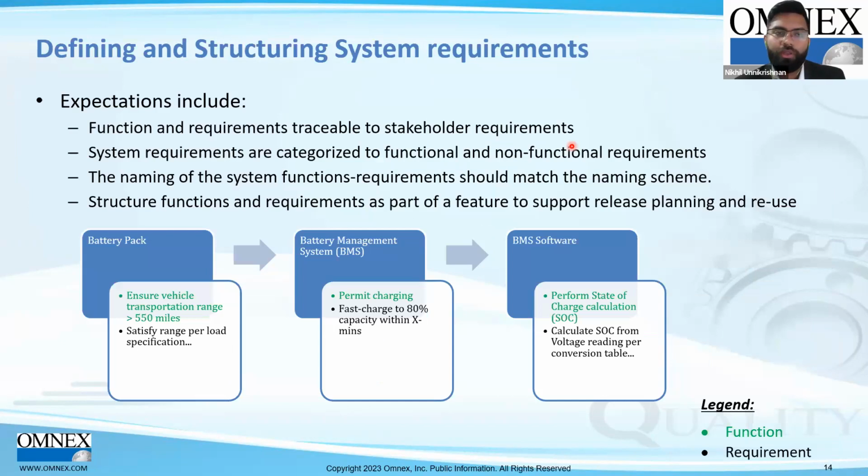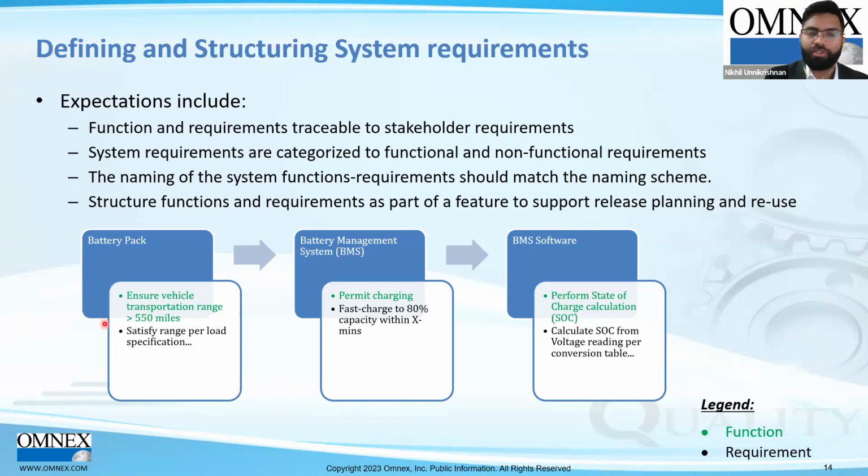So here's an example that we have. Let's say I have a battery pack, that is the system in this case, and then let's say I have a subsystem, which is the battery management system, and then let's say I have the software below that. So I have 3 levels. Now I have a function in green, and I have a requirement in black over here.